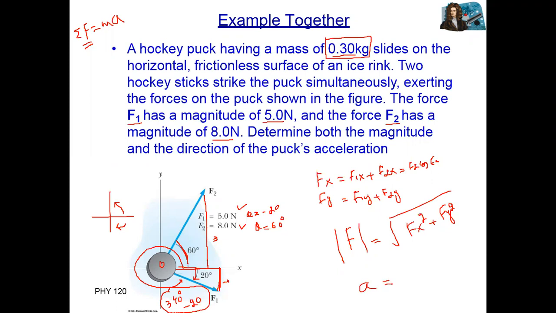Acceleration is equal to F divided by m, where let's suppose F is any value like X. So you divide X by the mass, and mass is 0.3. In this case, you can find the magnitude of a. Clear?